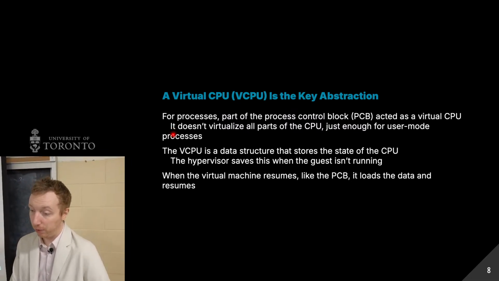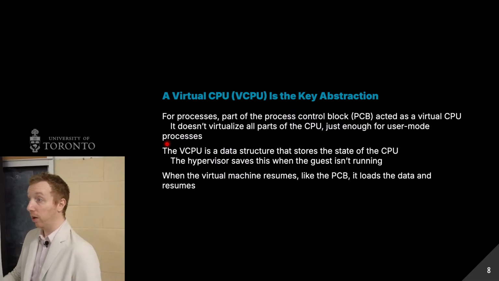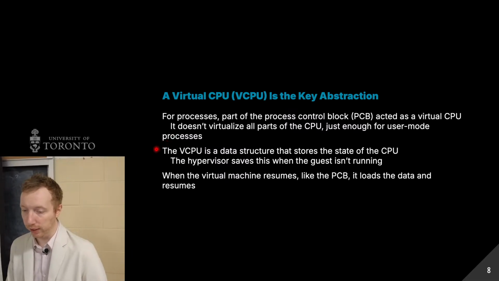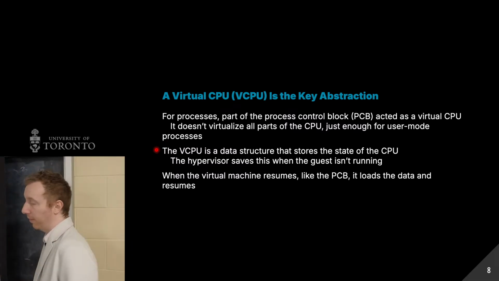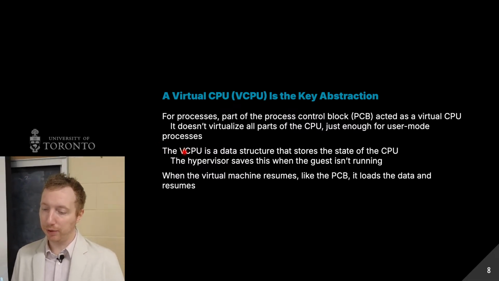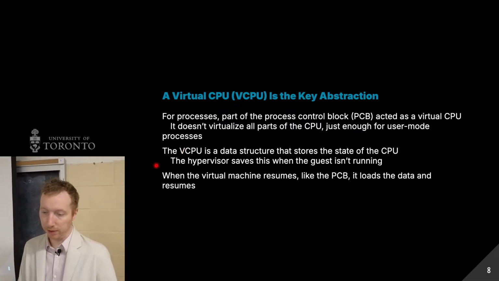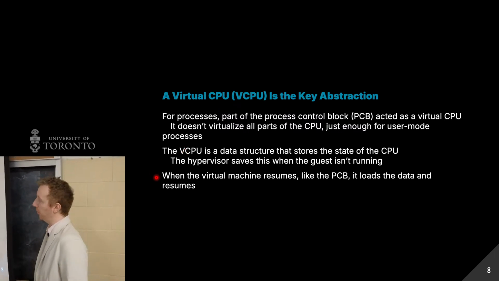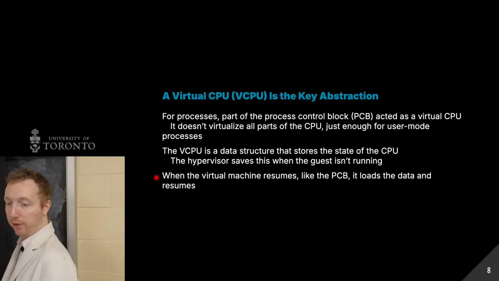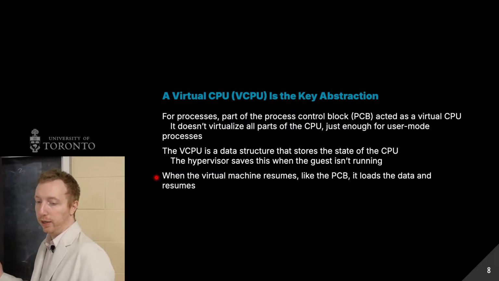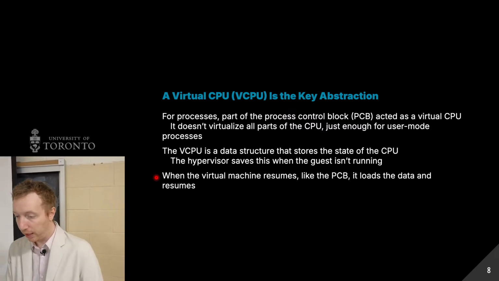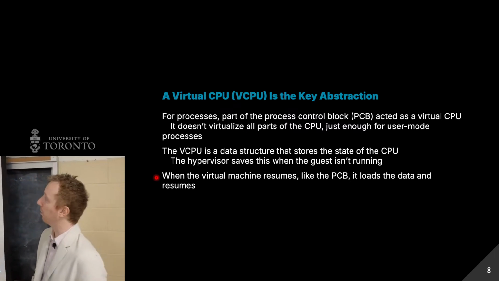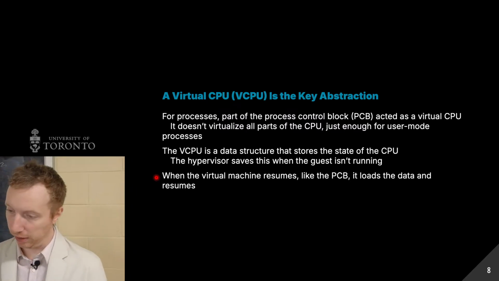A virtual CPU for operating system virtualization virtualizes all of it, including kernel-only registers. So that's the structure that stores the entire state of the CPU, and the hypervisor saves this when the guest is not running. And when the virtual machine resumes, like a process control block, it just loads the data, restores from that, and resumes where it left off. So same idea as we had for processes. Nothing is really that new.